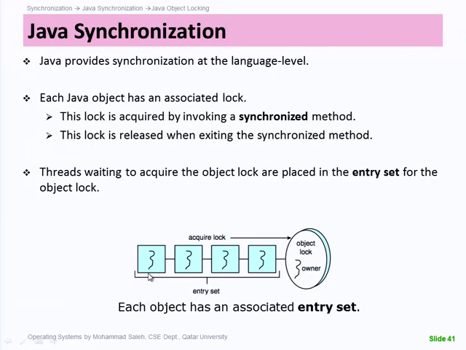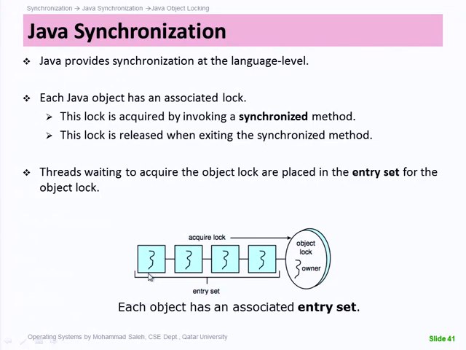So every object has an entry set that will hold requests to execute synchronized code of the object. Now, what about other threads who have requests to execute non-synchronized code of this object?